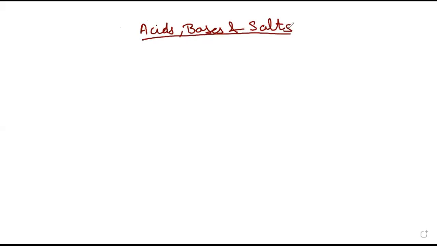As we all know, acids are sour in taste, bases are bitter in taste, and we have already discussed some substances because all the acids and bases cannot be tasted, right? For those we use indicators. Indicators we have already discussed, there are two types of indicators which I'm going to start with today, that are indicators.